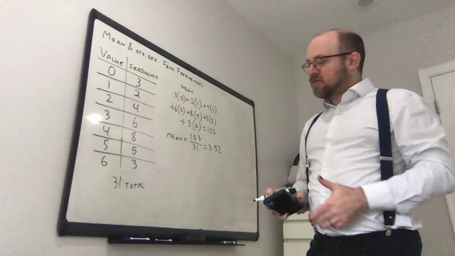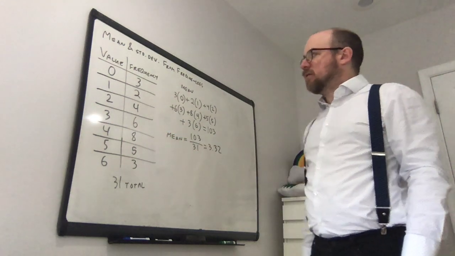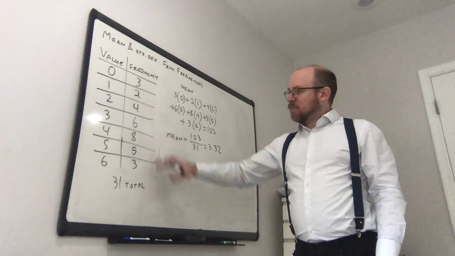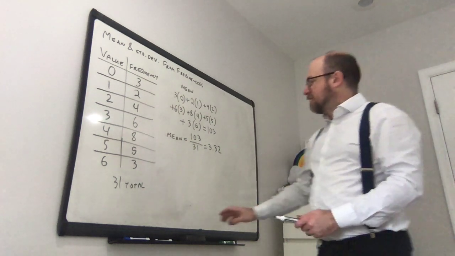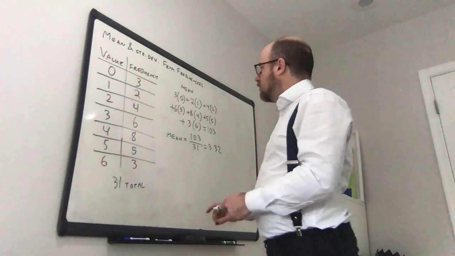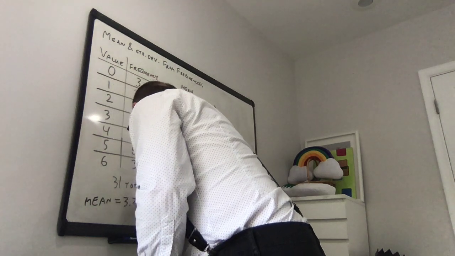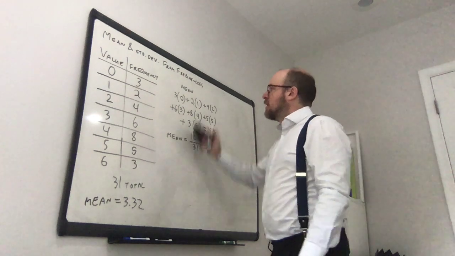Okay? And so you can see that kind of makes sense, right? 3.32 would kind of be right around the middle of all the data, a little bit further toward the end, but there are more values down toward the end. So we get a mean of 3.32, and I'm going to write that down here.